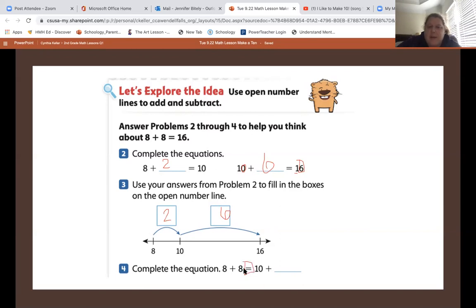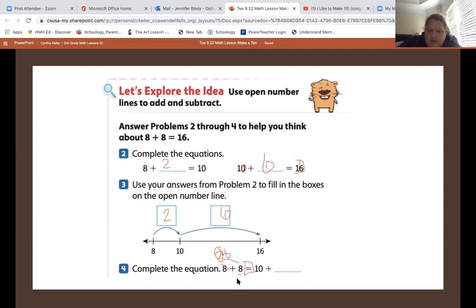So 8 plus 8. I know it's easier if I make a 10 first. So I know that if I take one of these 8s, cross it off, and do 2 plus 6, that'll give me 8. Because then I can take this 2 here, and I can add it to this 8, and I get a 10.